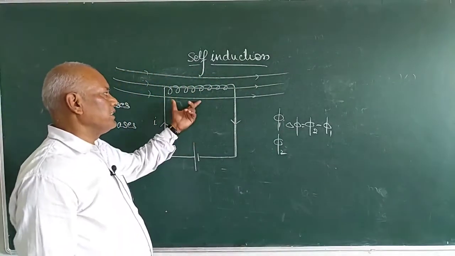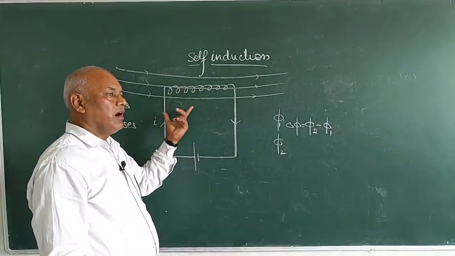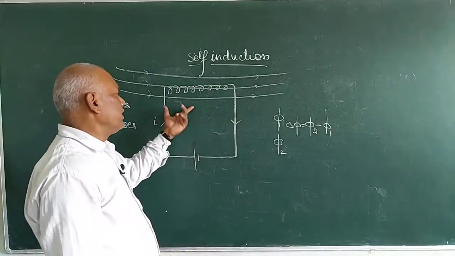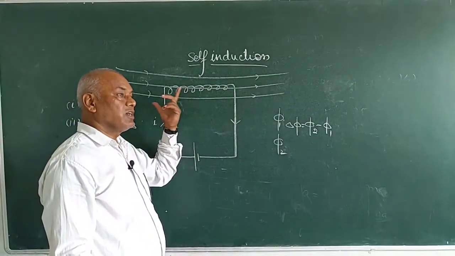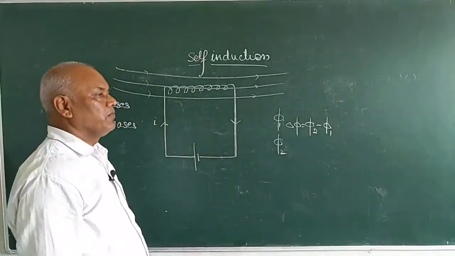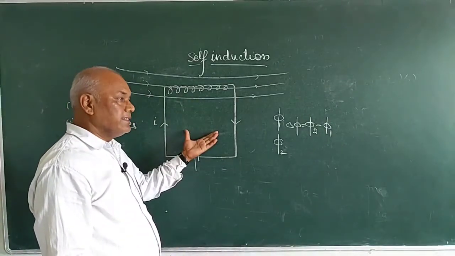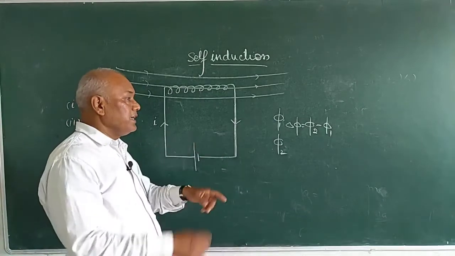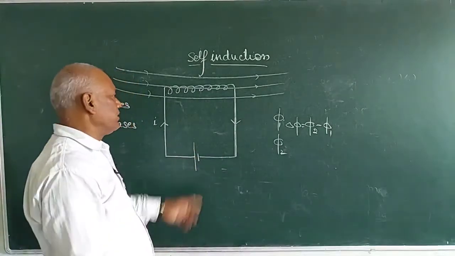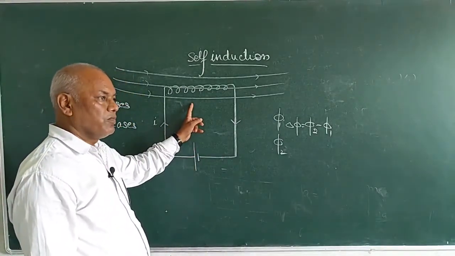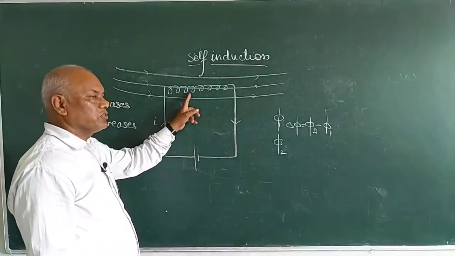And when this change of magnetic flux in the coil occurs, induced current arises in the coil. And by Lenz's law, when induced current arises in the coil, it will oppose the cause by which it is produced.